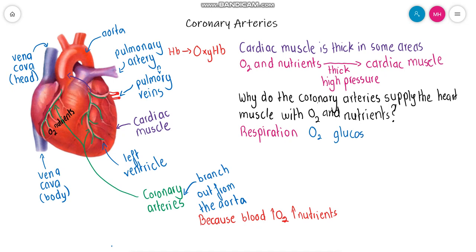And one of the nutrients that the blood pumped from the aorta contains is glucose. It has a high content of glucose. Therefore the heart needs oxygen and glucose.